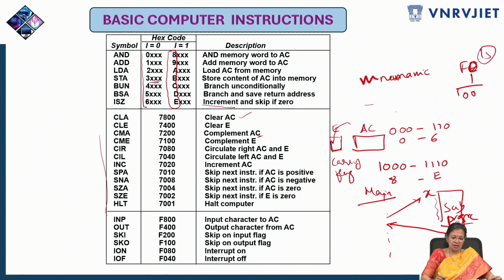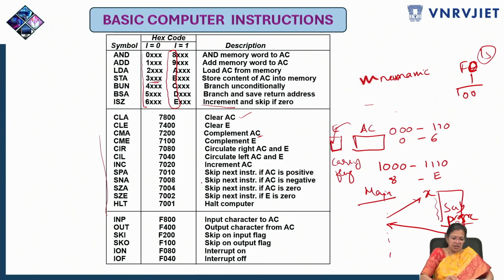In that case, we also need to consider the extra bit, so we will make use of these instructions. Then incrementing accumulator. If you observe, none of these instructions have any memory location. They all mention a register, either the accumulator or the E flag, in the instructions we have seen so far.